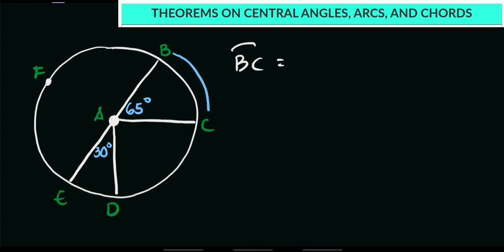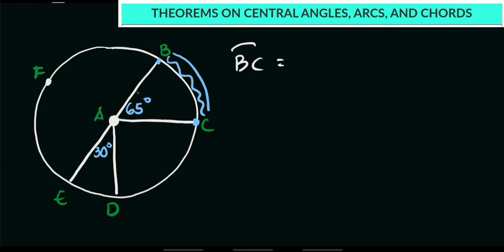To answer this, let's apply the concept of central angle. According to it, central angles are equal to their corresponding intercepted arcs. For angle BAC, we have endpoints at point B and point C, so this arc is equal to its corresponding central angle.